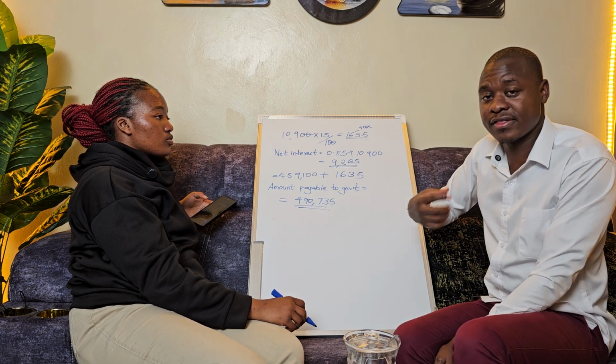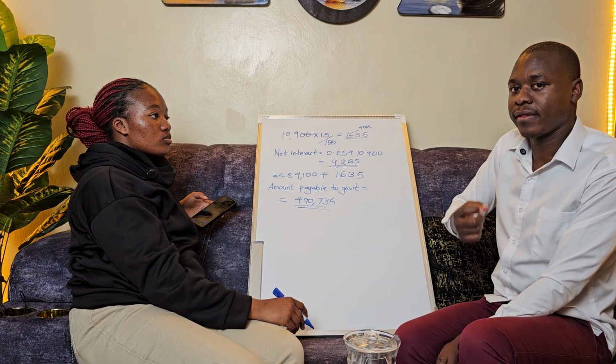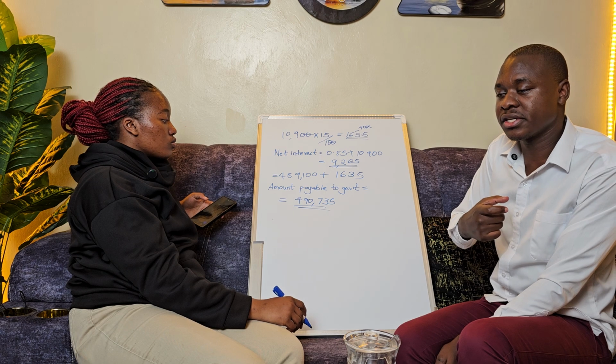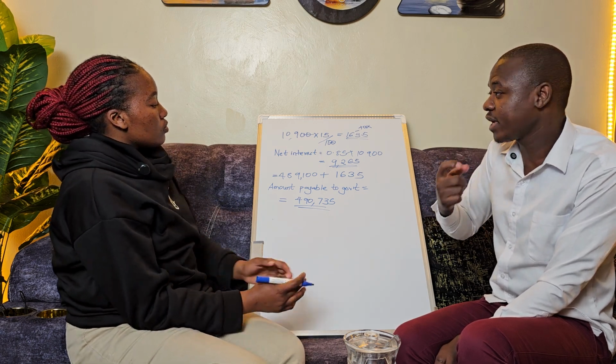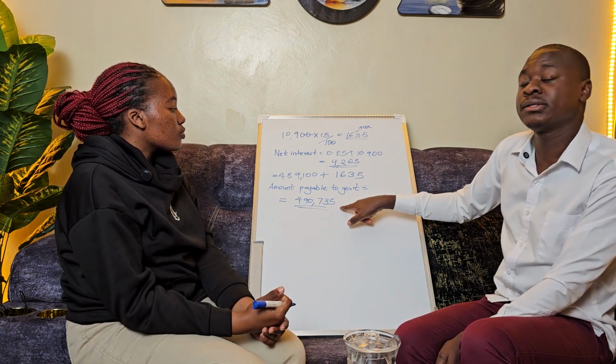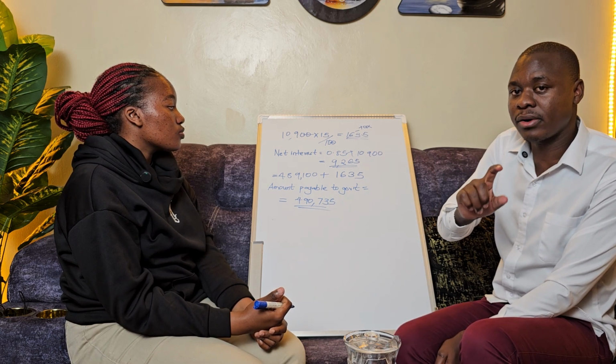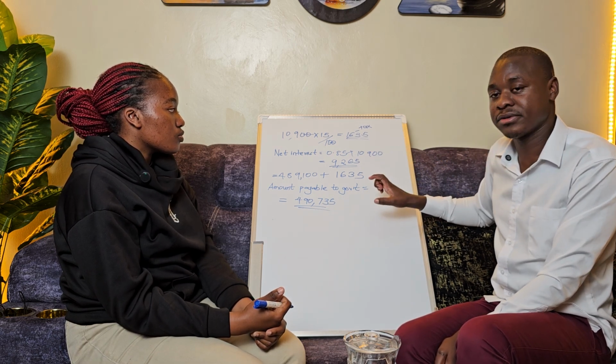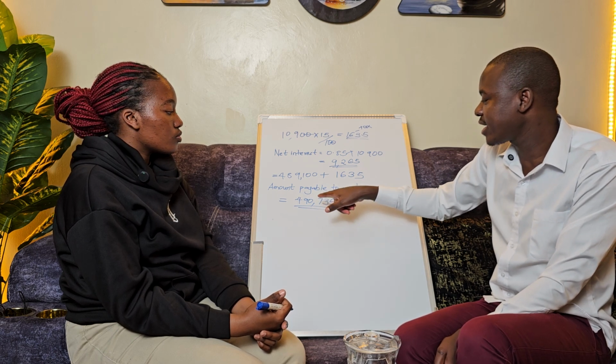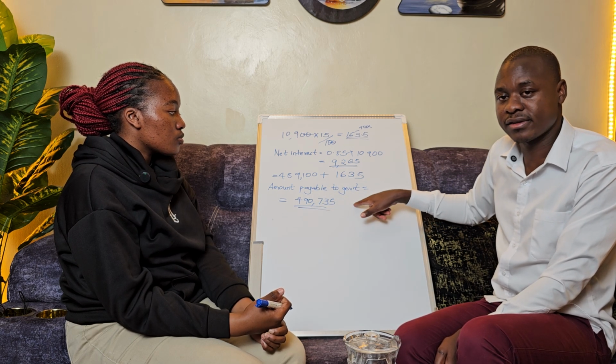In the context of Kenya, the government, through its agent, the Central Bank of Kenya, will prompt you to pay this. The amount that you are investing is 500,000, but they will prompt you to pay 490,735.